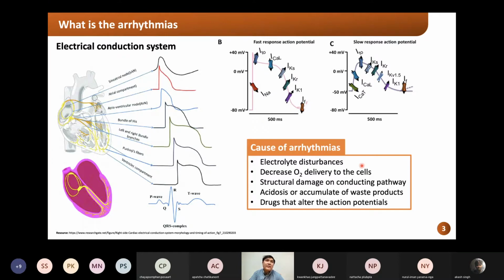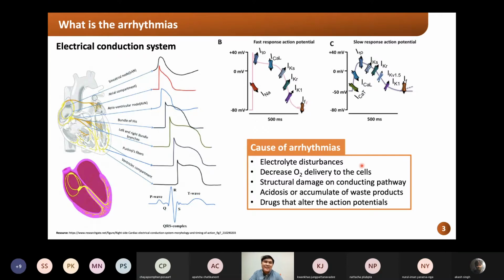And normally when the tissue has inflammation and some damage, it can generate fibrous tissue, and eventually it can block the electrical conduction system through the atrium or some part of the heart, and it can cause re-entry of electrical conduction, and eventually cause arrhythmia in some cases.